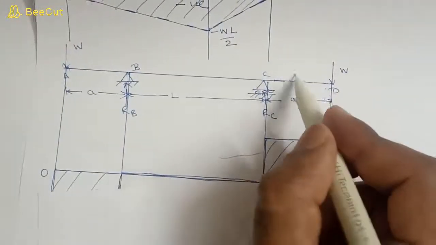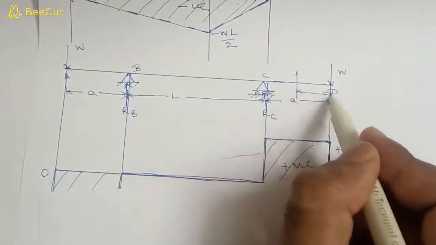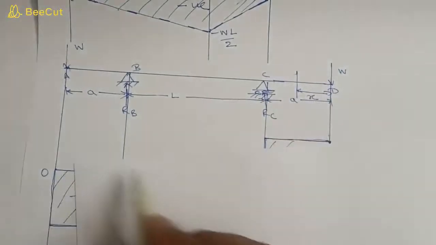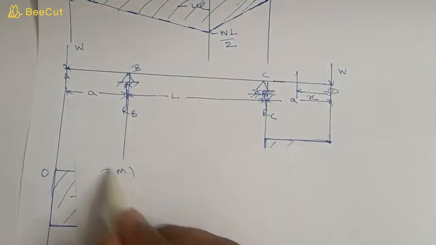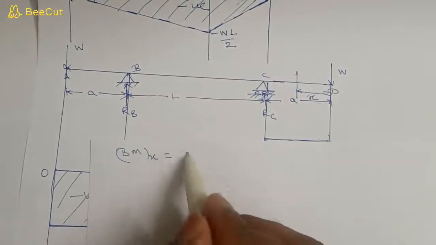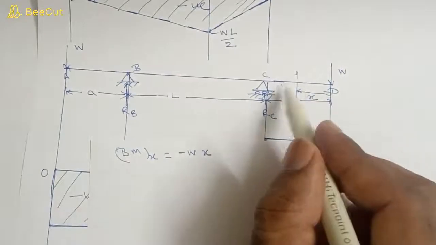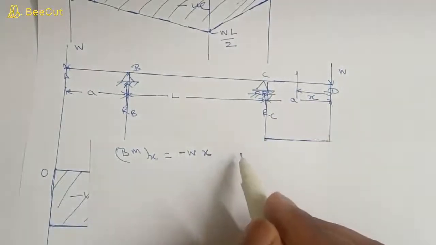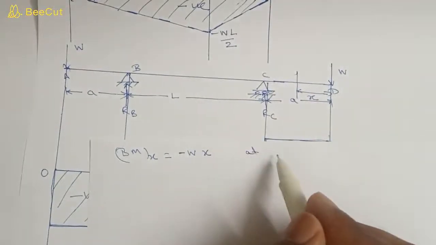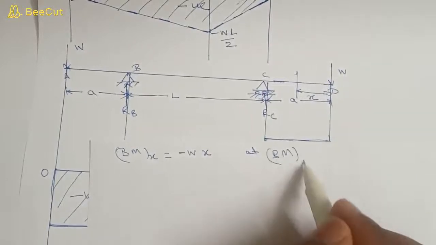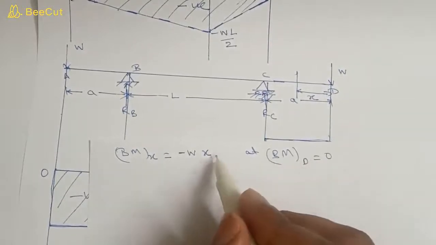So first of all we will calculate bending moment. Suppose this is x distance from here, so we will calculate bending moment at x is equal to W into x. This will be negative because this is causing hogging moment. So minus Wx. So bending moment at D will be 0 because x is 0.